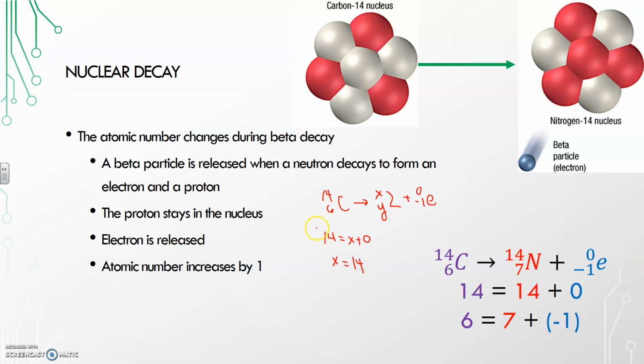Then you do the same with the bottom: 6 equals y minus 1. You add 1 to both sides, and you get that y equals 7. Now you have 14 over 7. You look at your periodic table and find element 7, and that is nitrogen. So that is what goes right here: 14 over 7 N.